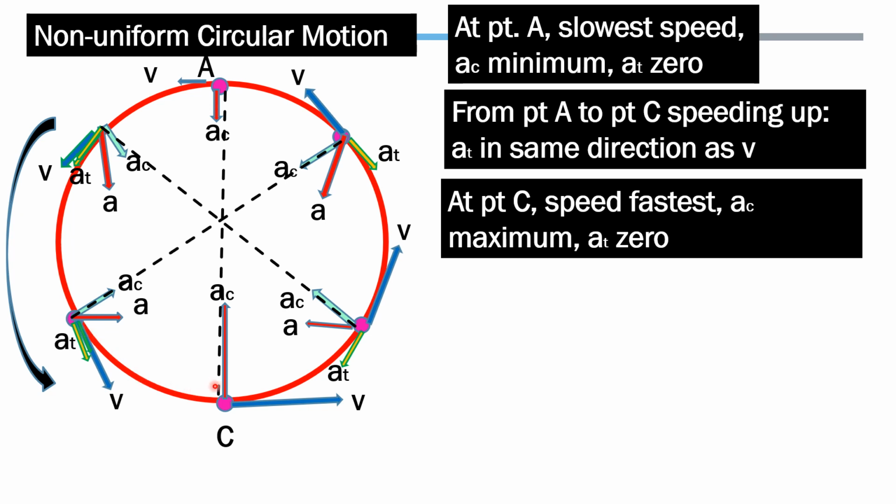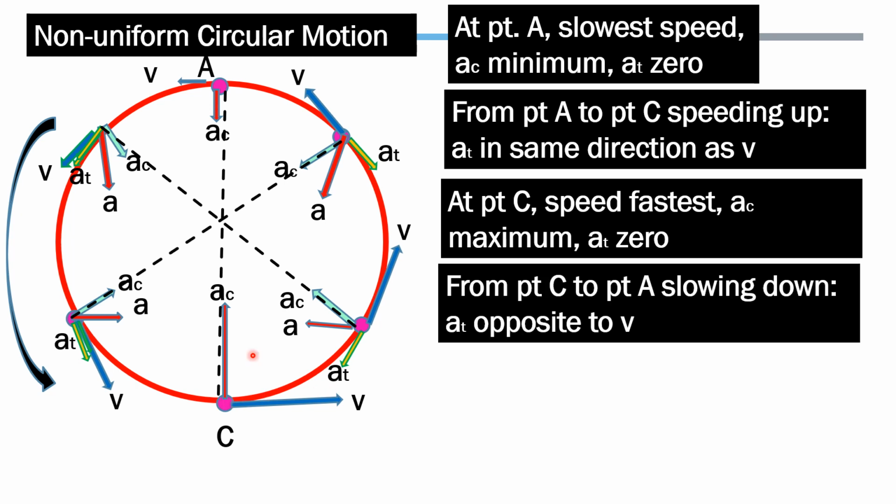Now, what about after passing through point C? As it starts to go up to point A, because again of the pull of gravity, the tangential velocity starts to decrease. There is now a slowing down circular motion.